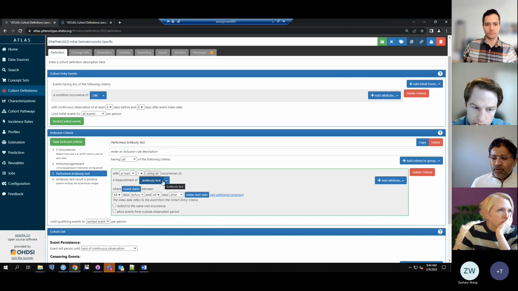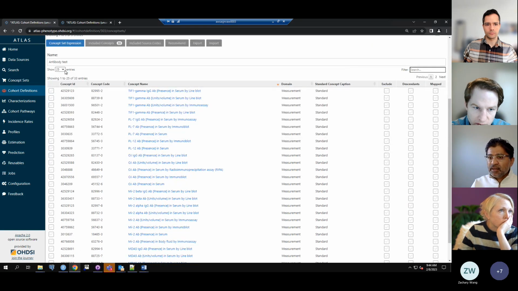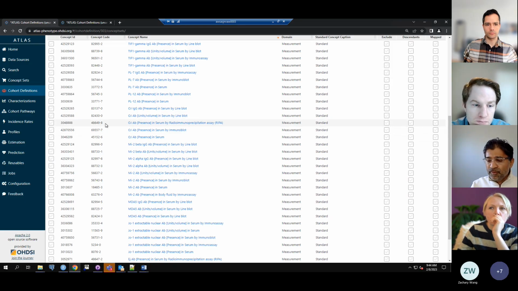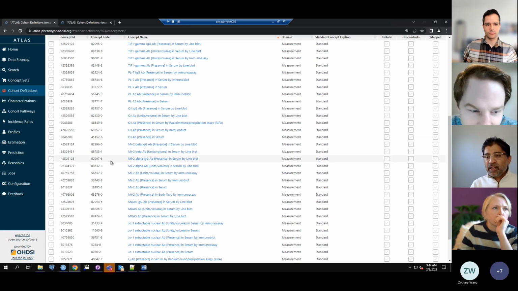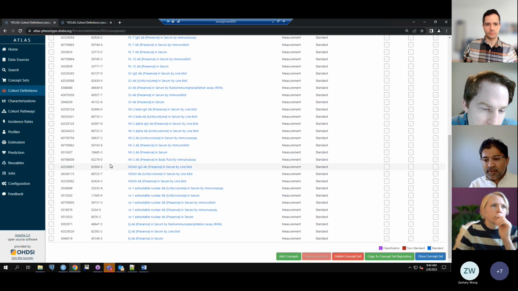So before saving it, I would like to go through the antibody test concept set and confirm that this is comprehensive. I'm not going to lie, I don't even know what JO1 is, or PL12 antibody is, but again, it's your subject matter expertise in saying you're comprehensive enough.